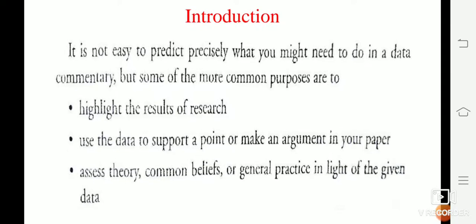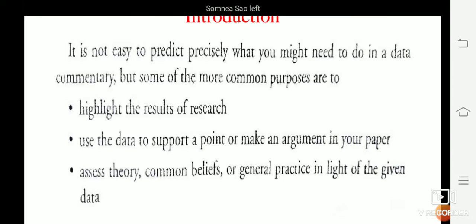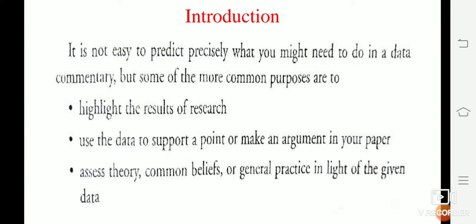It is not easy to predict precisely what you might need to do in a data commentary, but some of the more common purposes are these. Everyone look at the purpose. Highlight the results of the research, because you want to show the results. Use the data to support a point or make an argument in your paper.